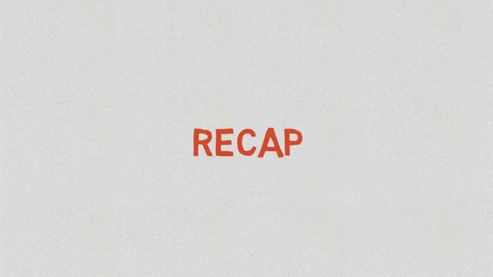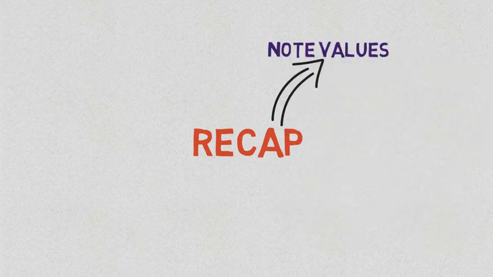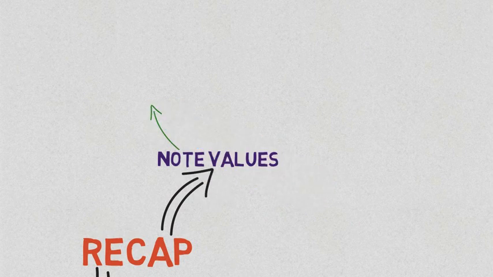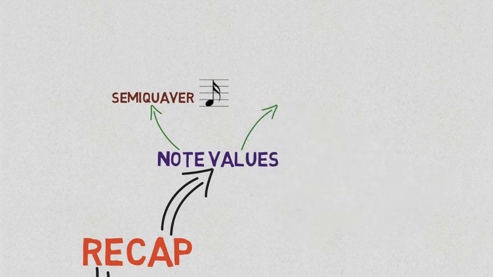So let's recap. What have we covered so far? We've looked at note values, and we've looked at notation. The note values that we've looked at are the semiquaver, the demi-semiquaver, and the use of the dot.